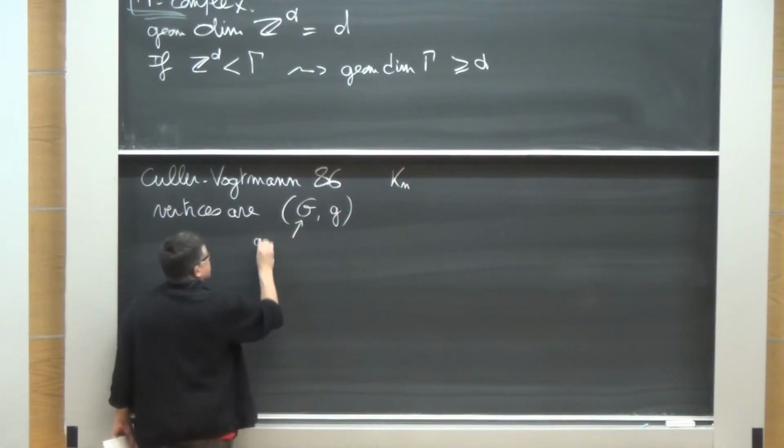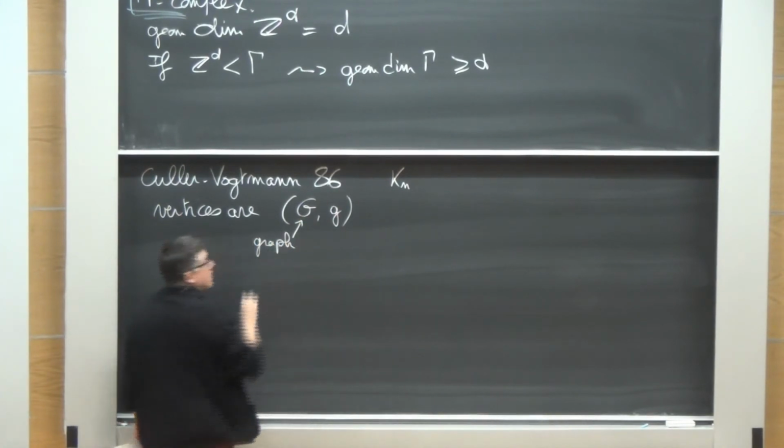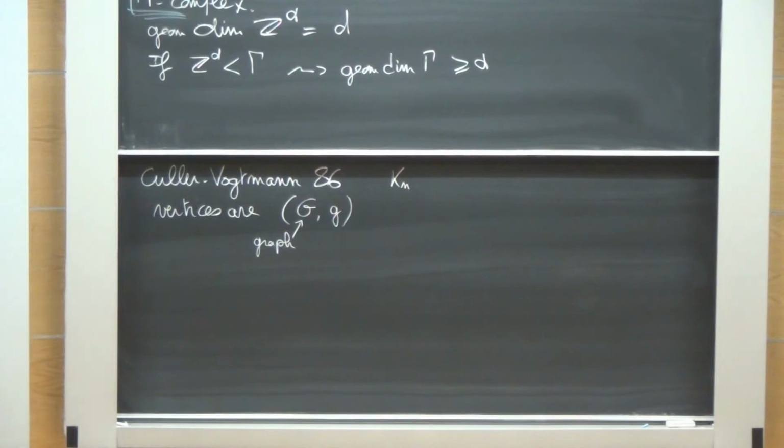Big G is a finite graph. All its vertices have valency at least 3, so no valency 2.